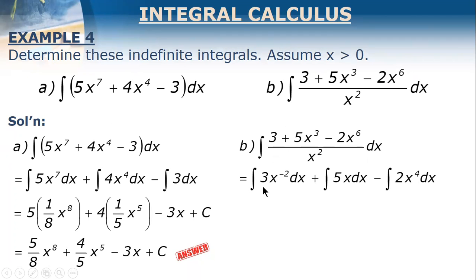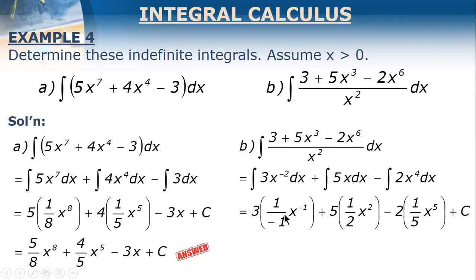And then apply the properties and the rules. Negative 2 plus 1 is negative 1, so divide by negative 1. And then for x, 1 plus 1, so 2 over 2. And then 4 plus 1, you have 5 over 5.